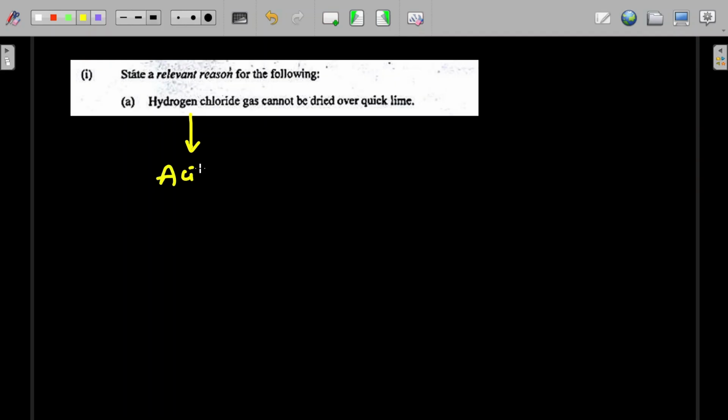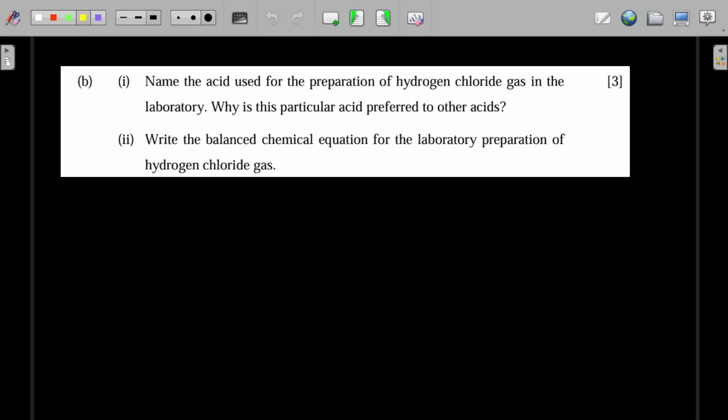That point you have to mention. This is acidic, quicklime is basic. So both of them will react. Instead of getting dried, it will react. Okay. Not necessary, but if you want, you can mention.